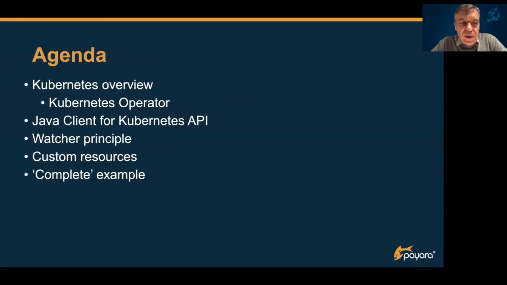But then within demos, we go much further and deeper, of course, to see how you can use it, how you can use that watcher principle to look for things going on within your Kubernetes cluster, how to create a custom resource, and how you can use that for your own automation. At the end, it's more or less a complete example, not entirely fully functional. There are a few parts missing, but you will see what the idea is and how you can use it for your own benefit.